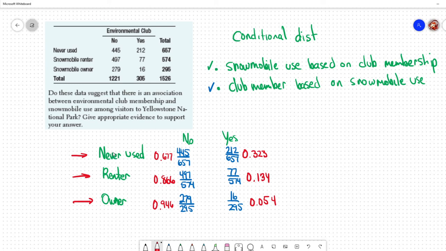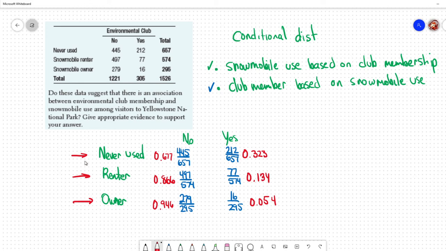But as we start getting into using the snowmobile to owning the snowmobile, we see there is more of a difference between they are not a member of the club versus they are a member of the club. So again, when we're doing comparison, it's not just these two numbers to each other, it's also from what we saw before.